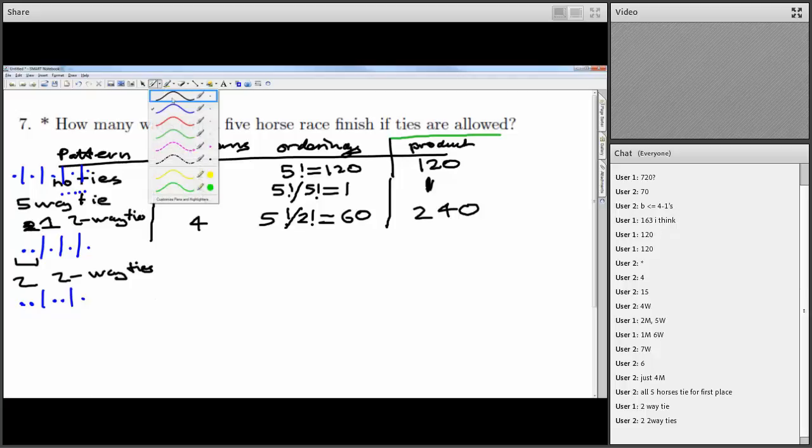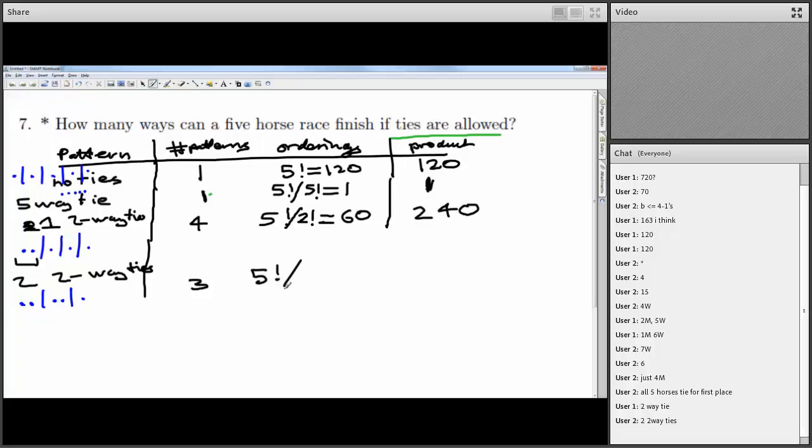The number of ways of getting this pattern really is just picking the position of the one who's not tied, whether it be at the beginning, in the middle, or at the end. So there's going to be 3 different ways of getting two two-way ties. The ways of ordering that would be 5 factorial again.